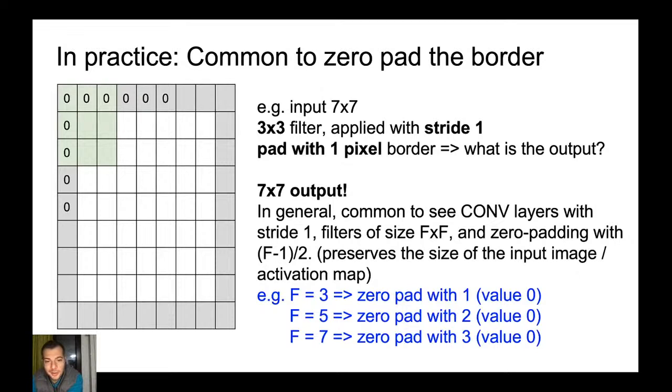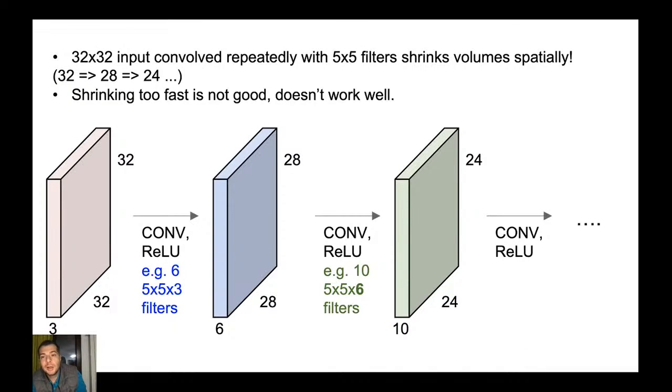If the filter size is 5, we need to zero pad the input with 2 pixels, so 5 minus 1 divided by 2 is equal to 2, and so on. As I said before, this is useful because if we do not add this zero padding around the input, the spatial dimension decreases too fast, and we are limited with respect to the number of convolutional layers that we can use. So we want to control this by adding zero padding.